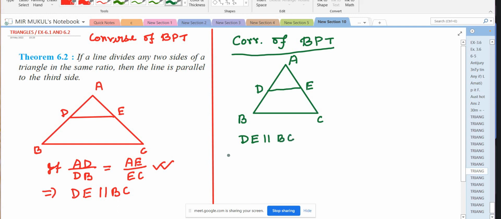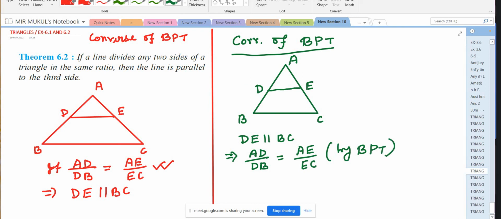Okay, so according to BPT we can say that AD by DB equals AE by EC by BPT.